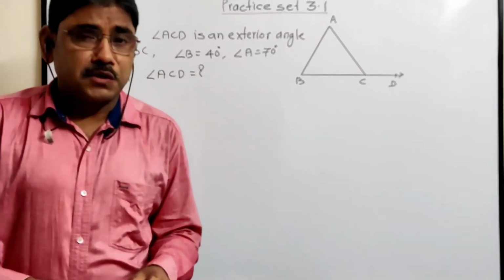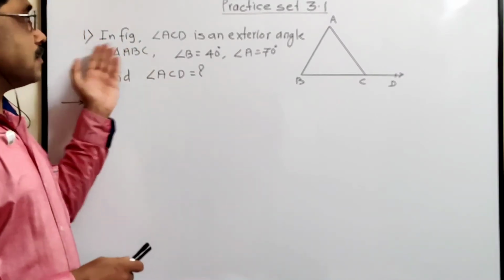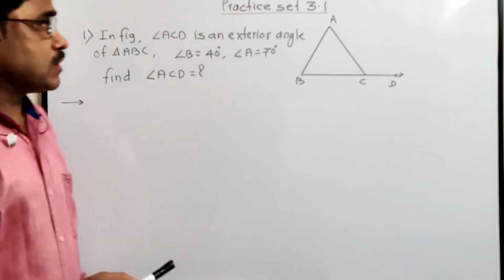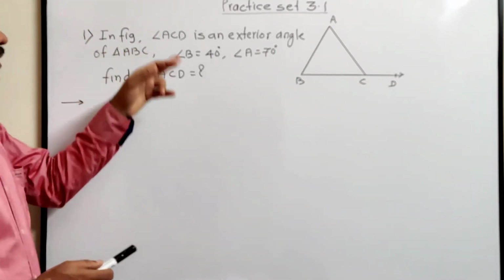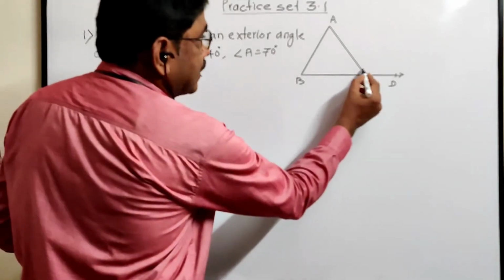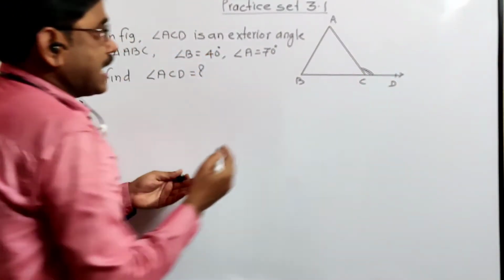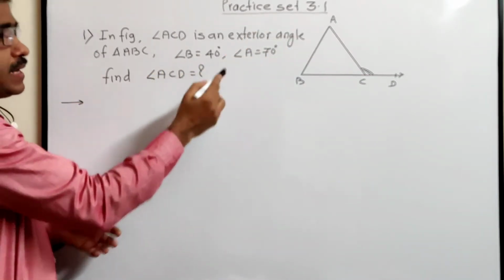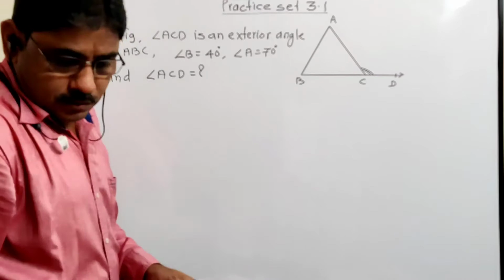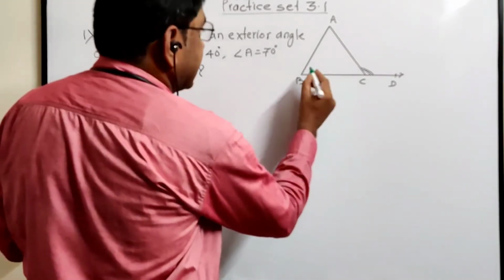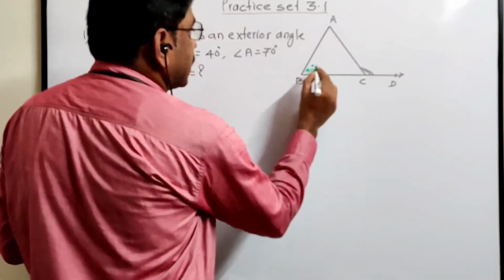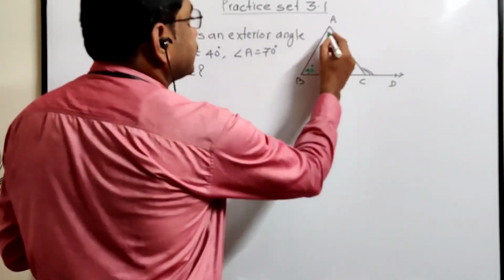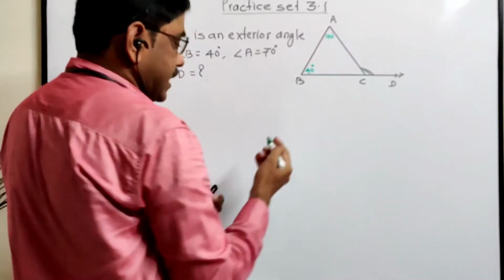Dear friends, now let us see the first sum from practice set 3.1. In this first sum, what is given? In the figure, angle ACD, this one, is an exterior angle of triangle ABC. Angle B is 40 degrees, and angle A is 70 degrees.